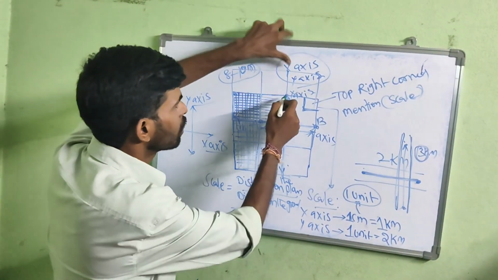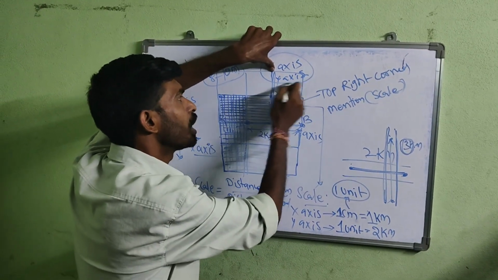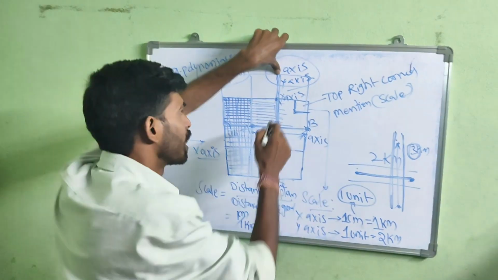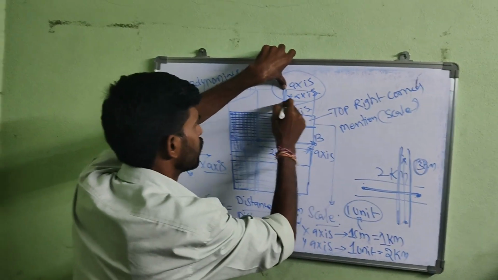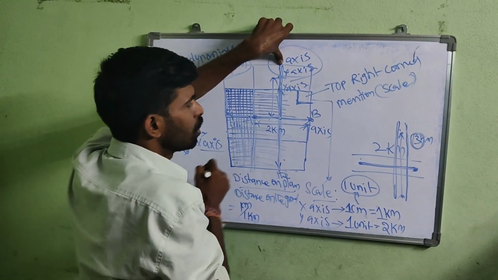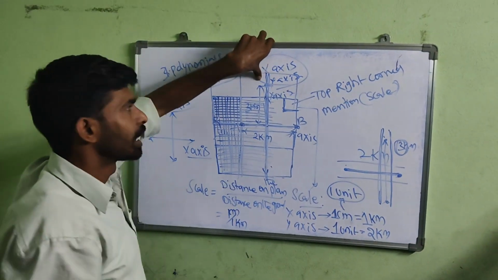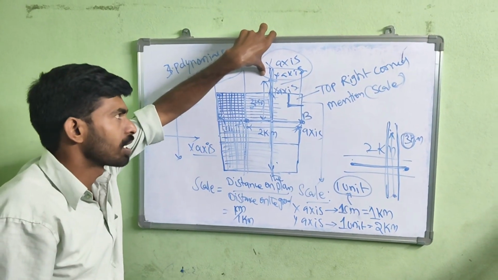This 1 unit is 2 kilometers. What is half unit? Half unit will be 1 kilometer. That's why this is 1 kilometer, this 2 kilometers. 2 and 1, 3. Till here we need to write. That is 3 kilometer distance.